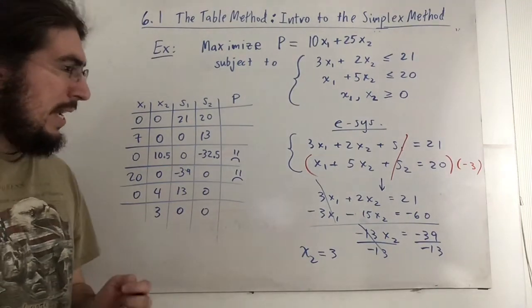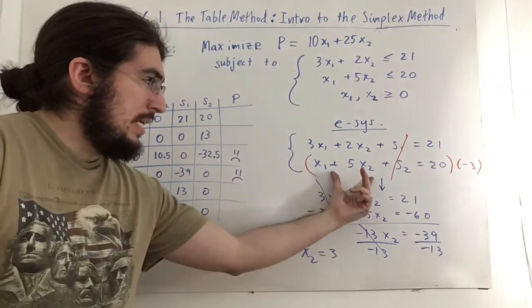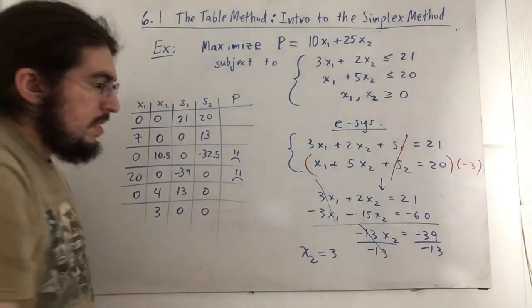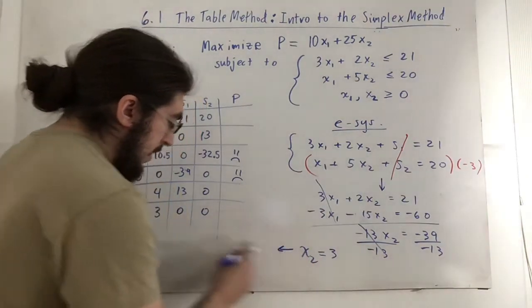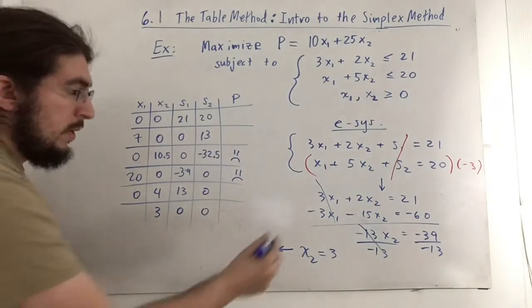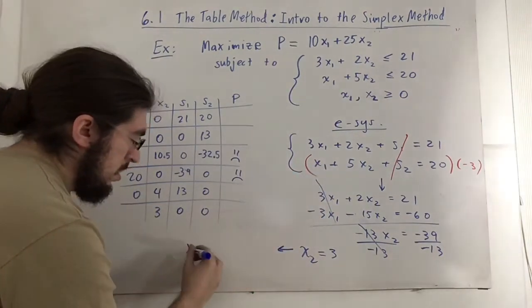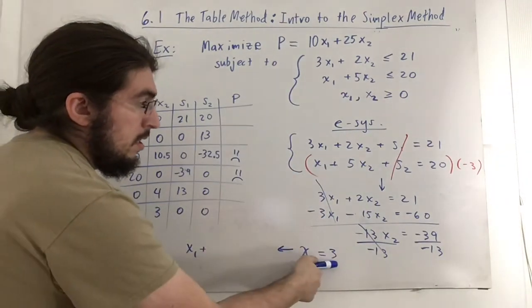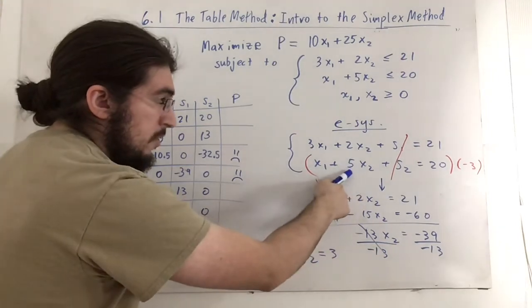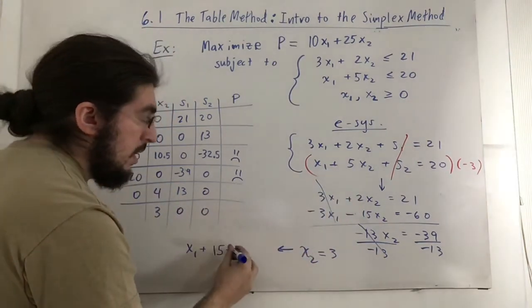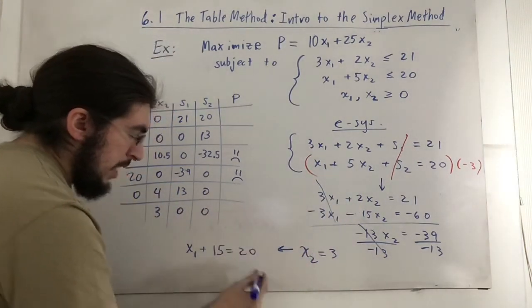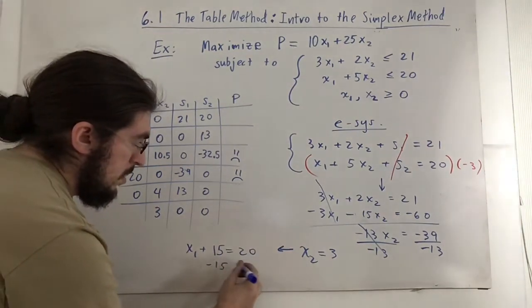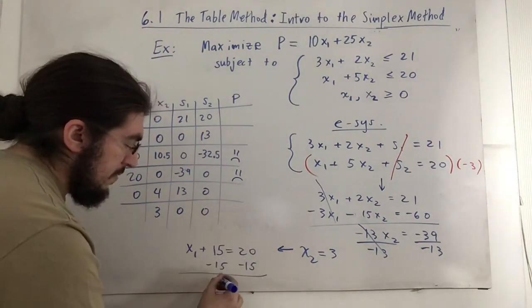Well, if you plug x2 being 3 back into this, let me write it here. We're going to get x1 plus 5x2, x2 is 3, so that's 3 times 5, it's 15, is equal to 20. Subtract 15, we'll get x1 is equal to 5.